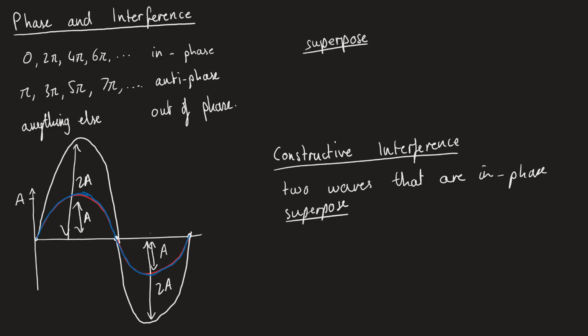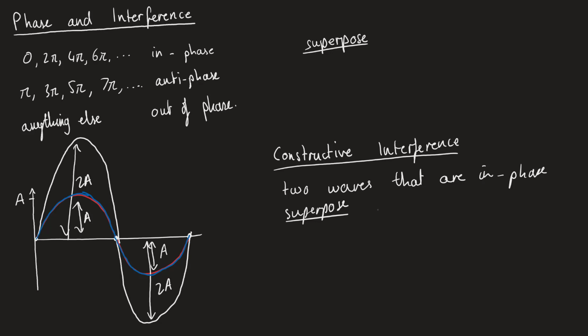This is called constructive interference because you're building the wave up, you're making the amplitude bigger, which means that we know that amplitude squared is proportional to the power. So if we have a much bigger amplitude, it means that we're transferring much more energy per second, which means that we've now got a stronger wave. If this was light, for example, it'd be much brighter light.